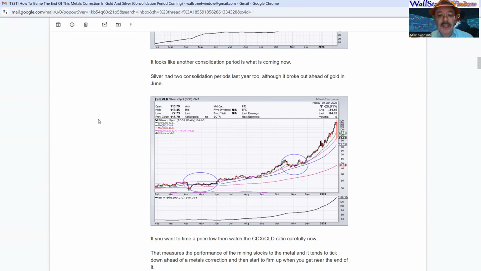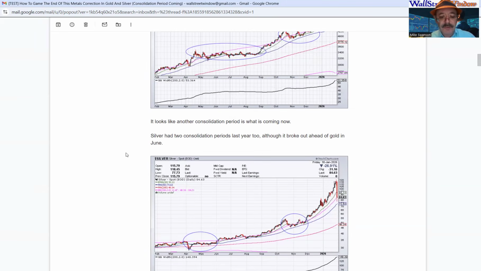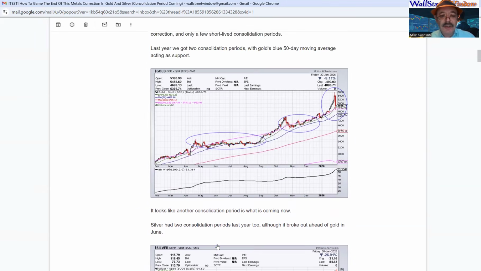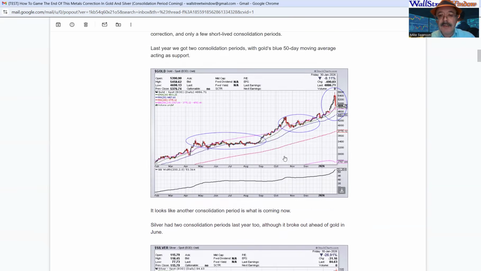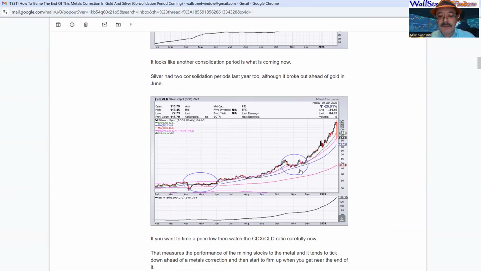And here you can see the last 2 consolidation periods for silver that took place last year. The one in April was shorter than the one that took place for gold. Silver broke out in June. Gold broke out the first trading day of September. And even the October, November, December consolidation was a little bit shorter too.